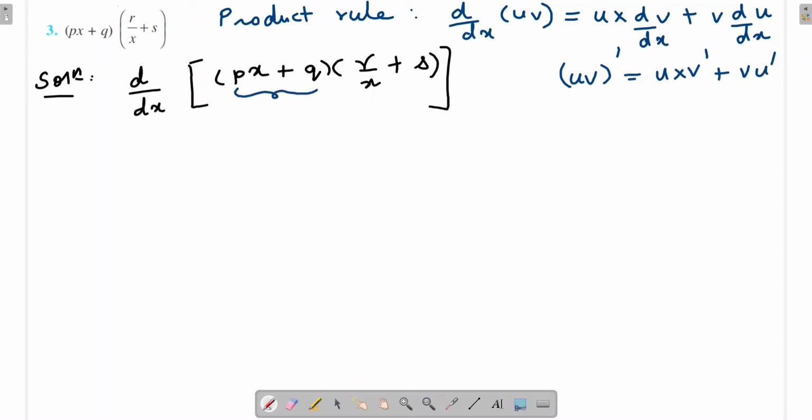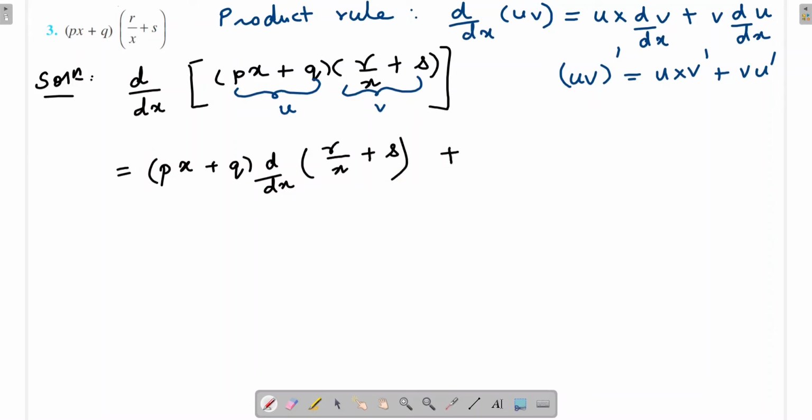Okay, so if we look at this function, this is function u and this is function v. So what we will get here by the formula? So u, that is the first function, px plus q, multiplied by the derivative of the second function, so derivative of r by x plus s, plus the second function, that is r by x plus s, into the derivative of the first function, that is px plus q.